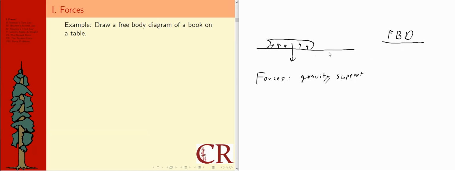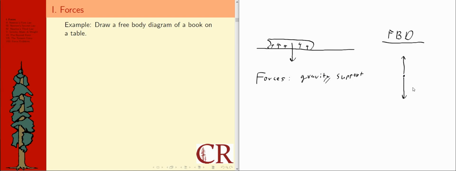Because really, they all would just add up to one single force. And that's what we're going to do in our free body diagrams. There is the weight force, the gravity force pulling down, but there is also this support force pulling up, and that's going to represent the accumulation of all those interaction points between the surface and the book.